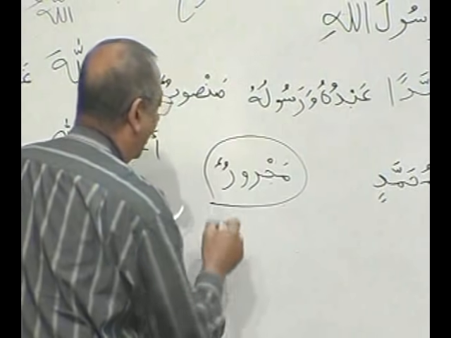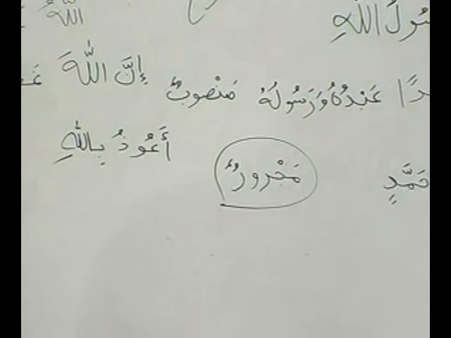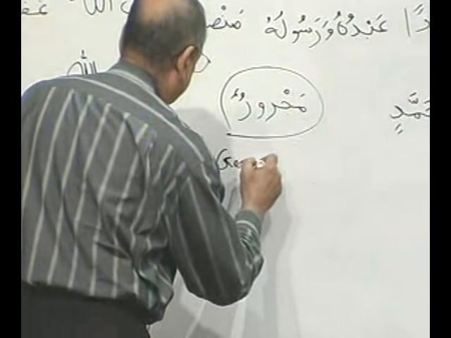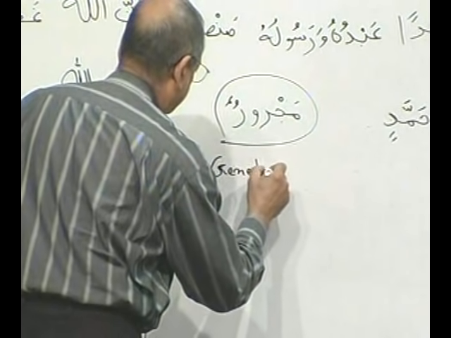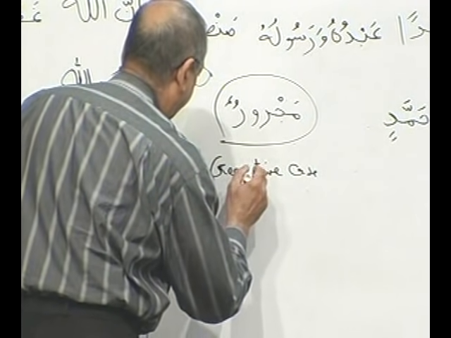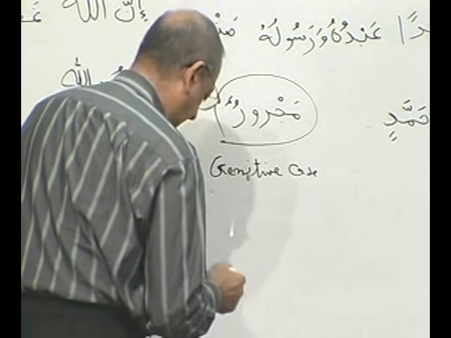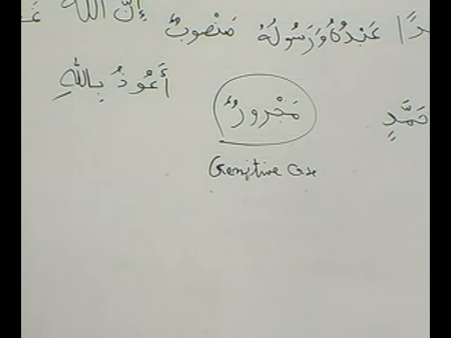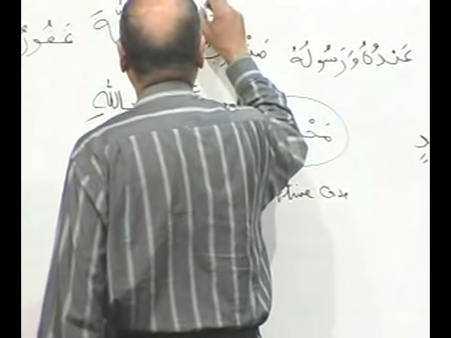Are you with me? And in English it is called genitive case. Yes, it's genitive case. And accusative case, maybe I should write down accusative case. Also mansoob is accusative case.